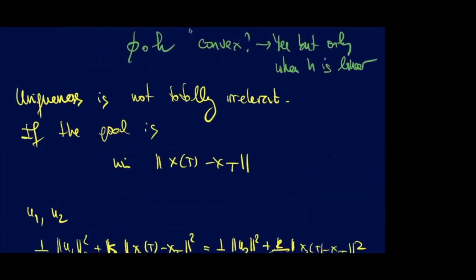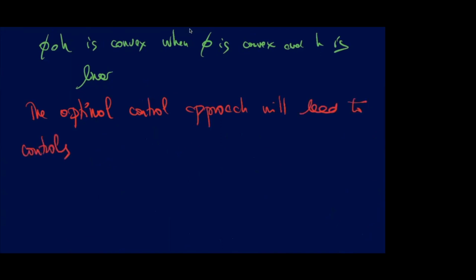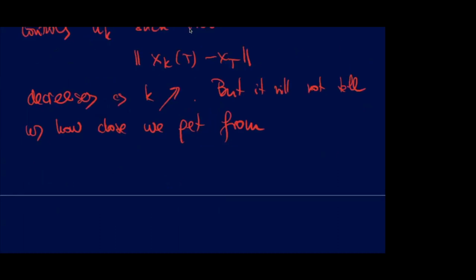So the comment about the optimal control approach is that it will lead to controls u_k such that x_k(T) minus x(T) decreases as k increases, but it will not tell us how close we get to being really close to the target.